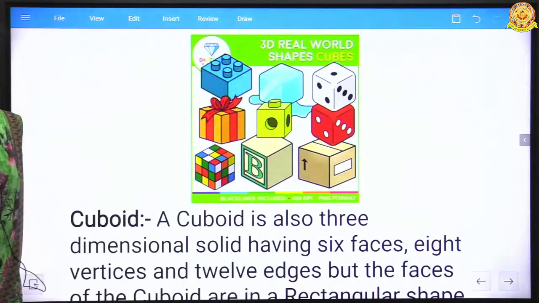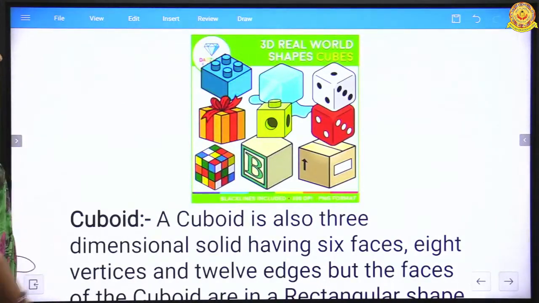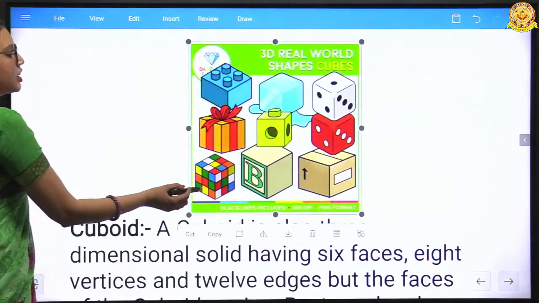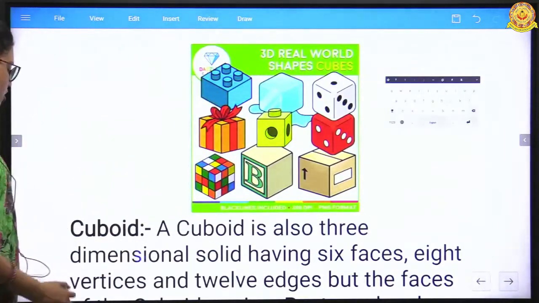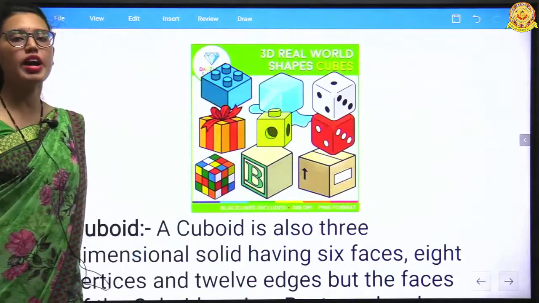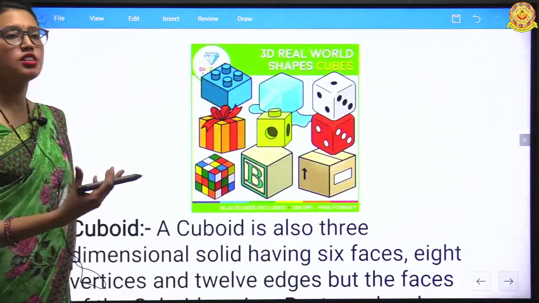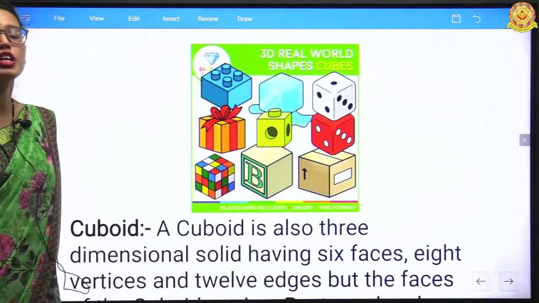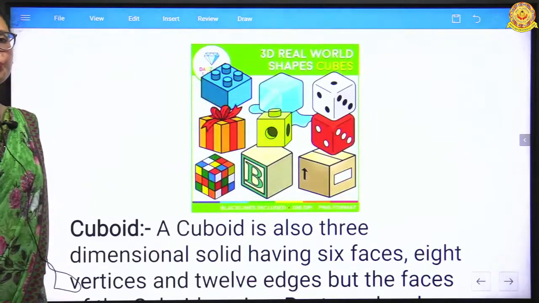It is similar to a square. A gift box, a Rubik's cube is also looking like a square or cube. It is looking like a square from its front face, but it's a three-dimensional shape, so it's called a cube.